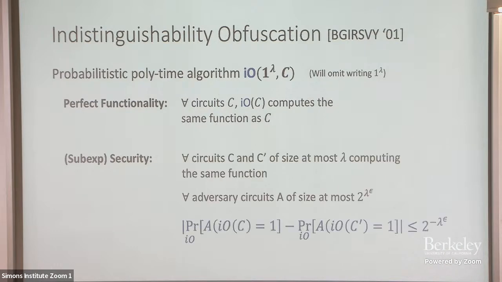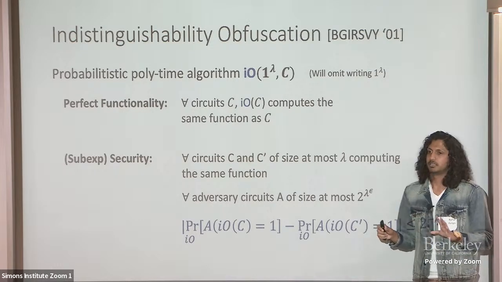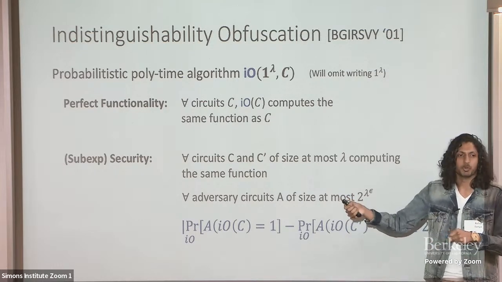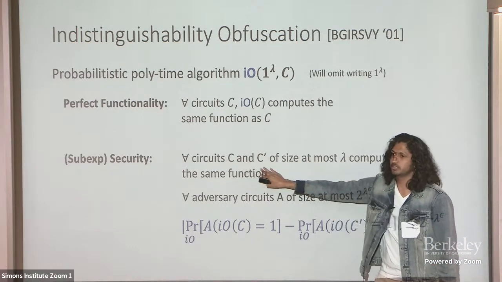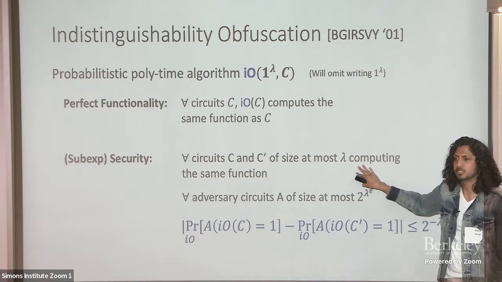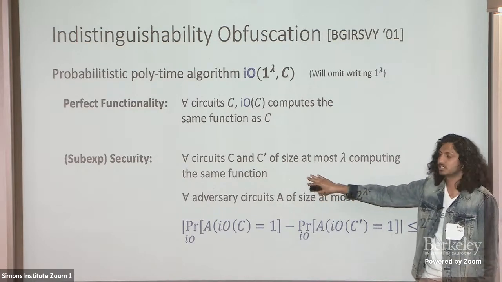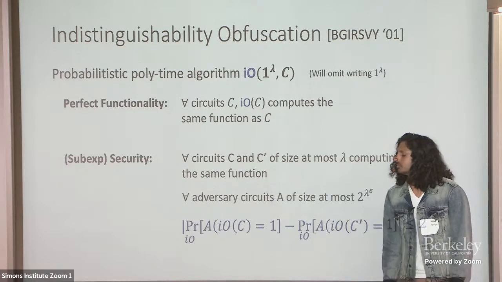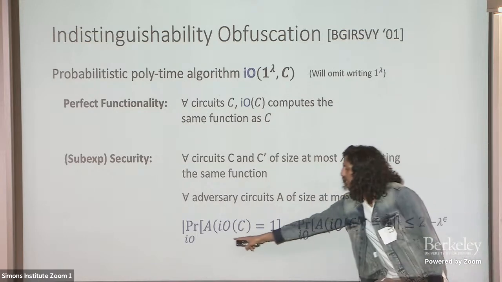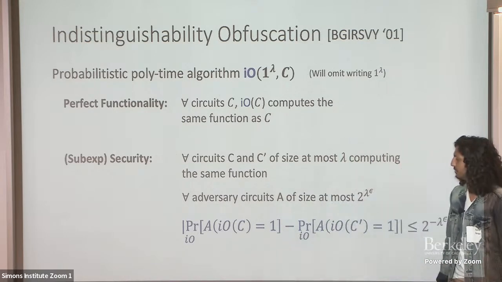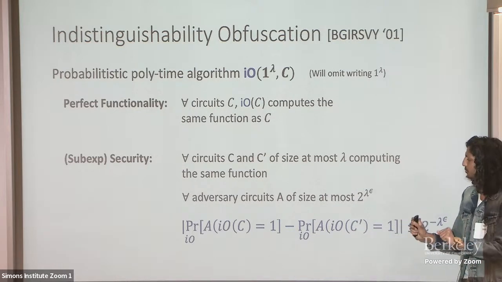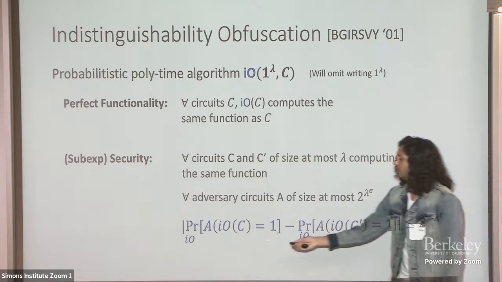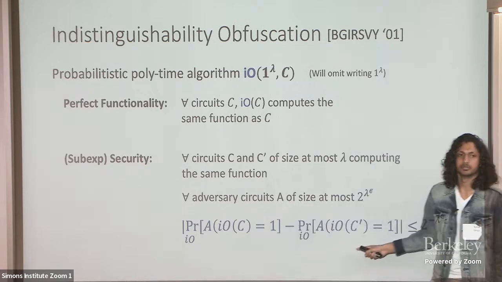The security guarantee, and this is the meat of the definition, is something that's much weaker than what was on the previous slide. It says whenever you have two circuits of approximately the same size computing the exact same function, then when you obfuscate the two circuits, so you have the IO of C and the IO of C prime, you can't tell which circuit you started with.